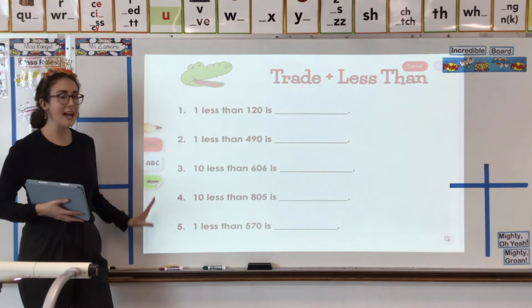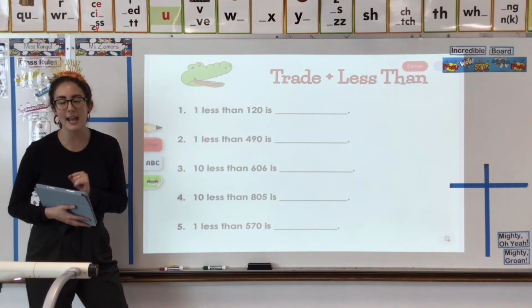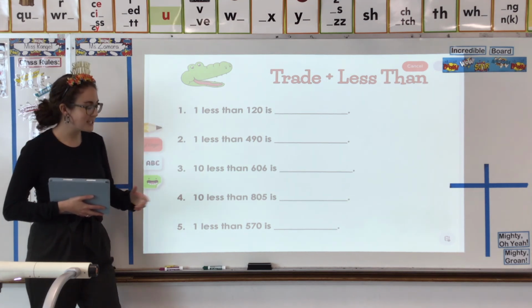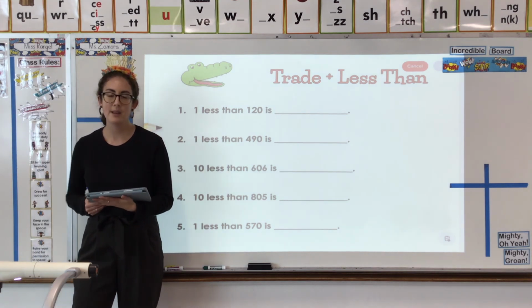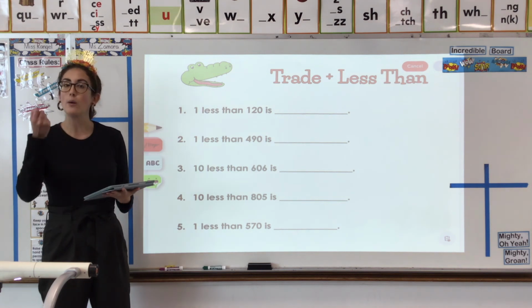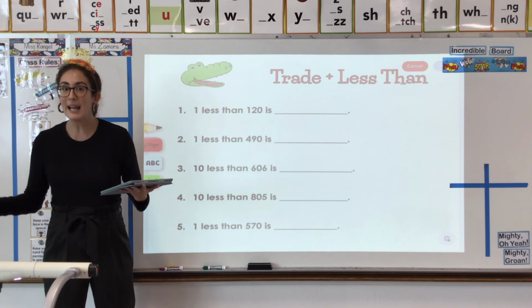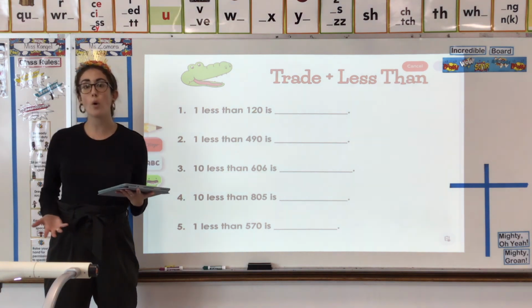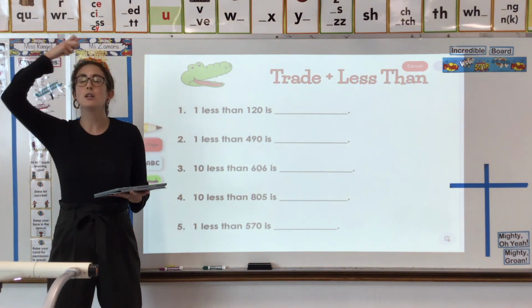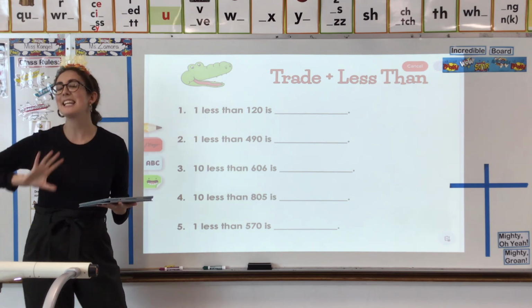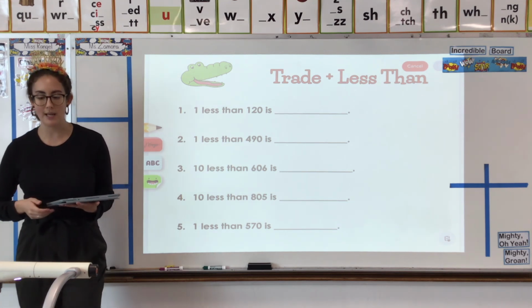So you have 5 problems you are going to tackle today with your awesome math skills, finding 1 or 10 less than. As you're taking away 1 or 10, you have to look for what am I taking away, and in order to do that, what larger unit am I going to have to break apart to get 10 of a smaller unit?